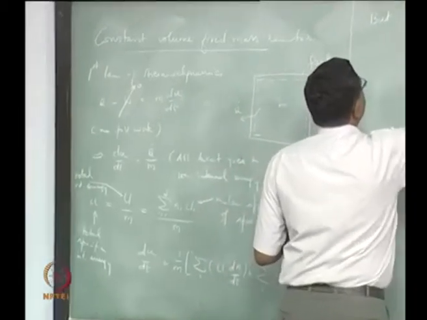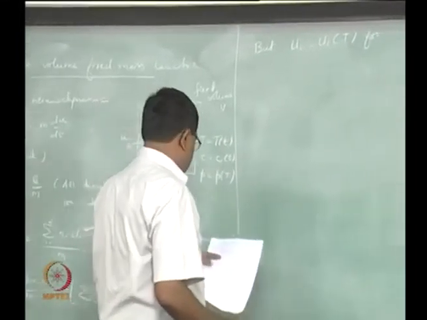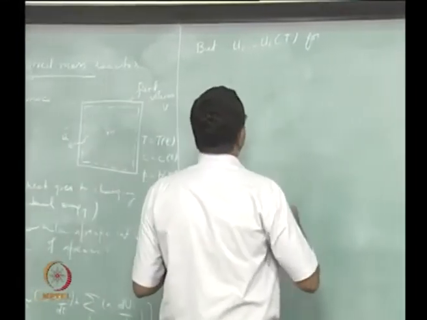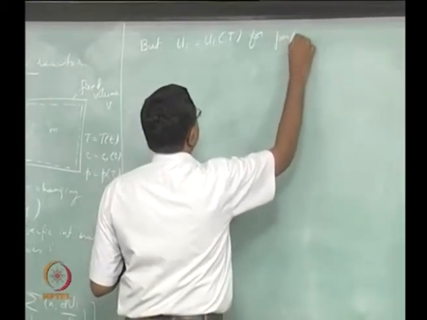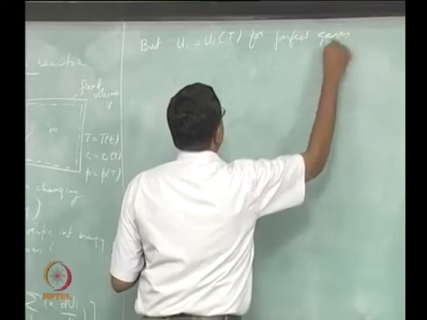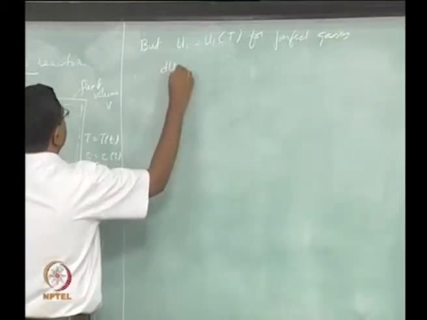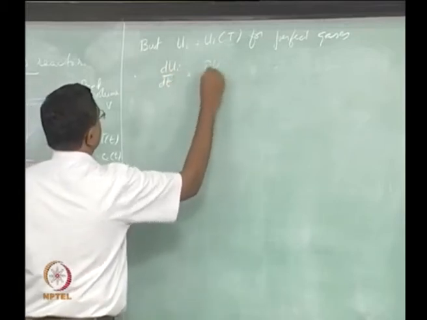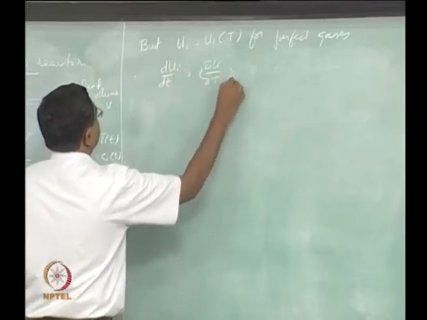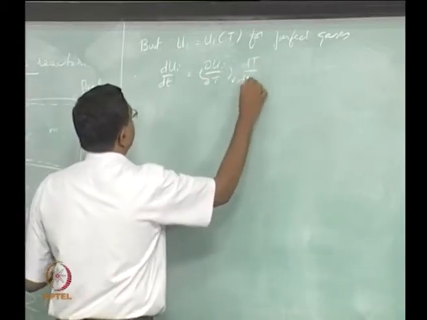Here again we notice that the molar specific internal energy is a function of temperature alone. So for perfect gases, therefore, dUi over dt is equal to, at constant volume, dUi over dT times dT over dt.